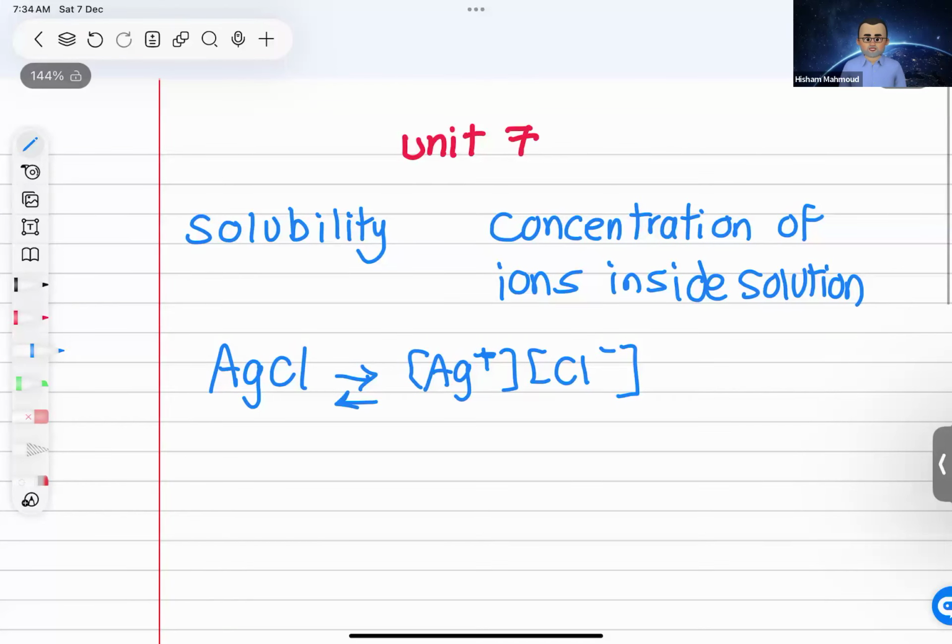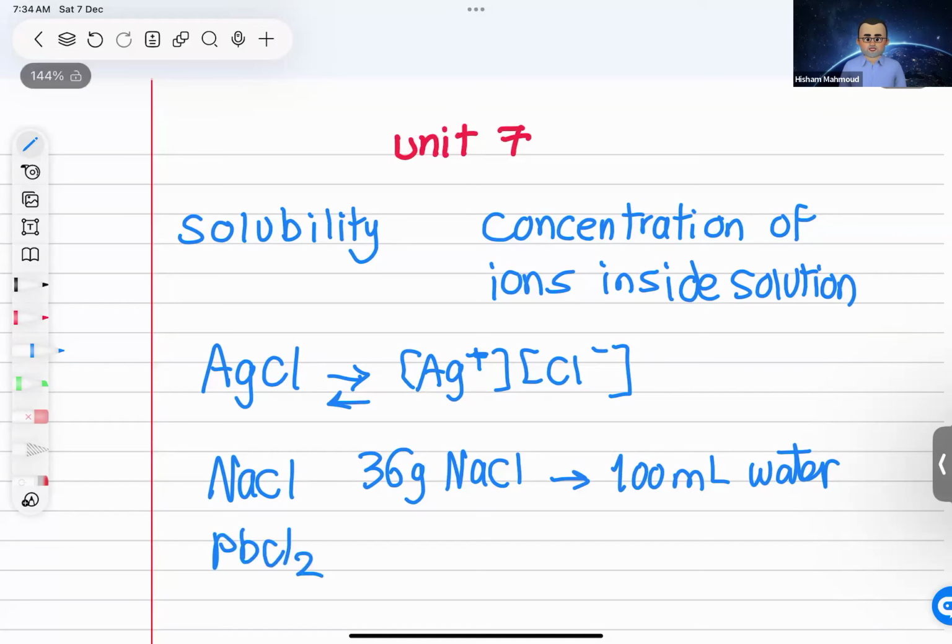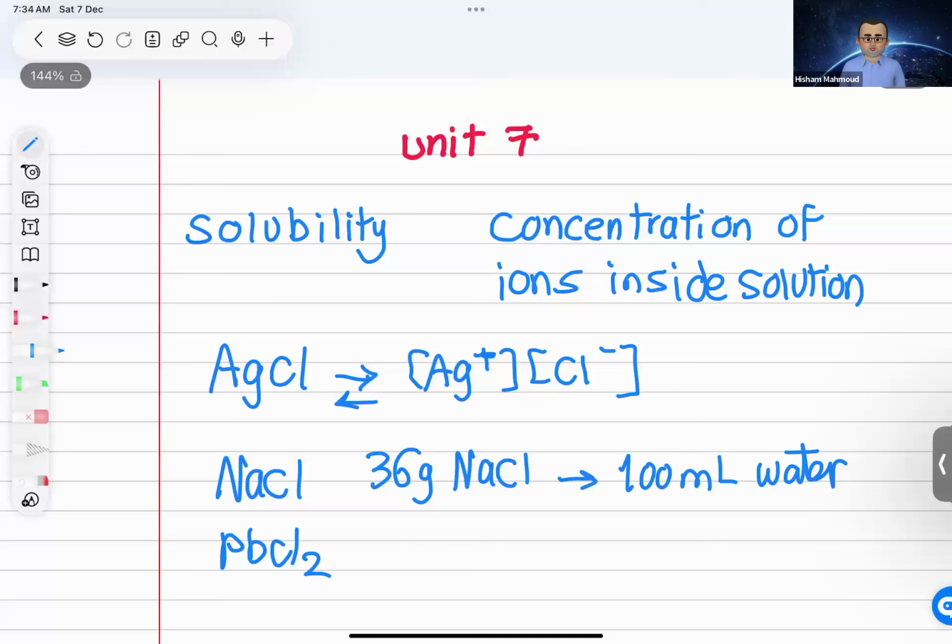So for example, if I'm saying that sodium chloride is highly soluble, I know that it can dissolve up to 36 grams of sodium chloride inside 100 ml of water, while something like lead chloride can only dissolve 0.99 grams inside 100 ml of water.